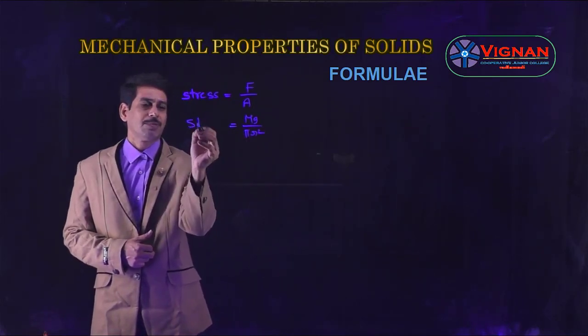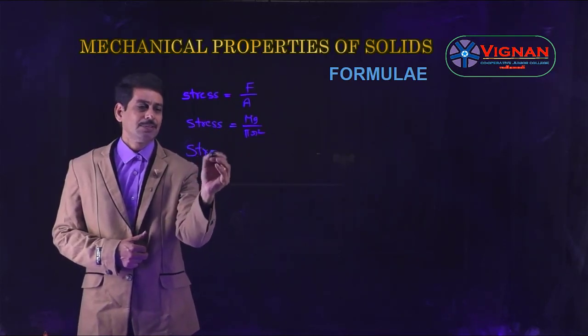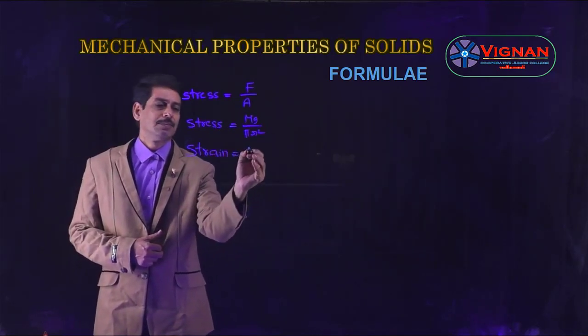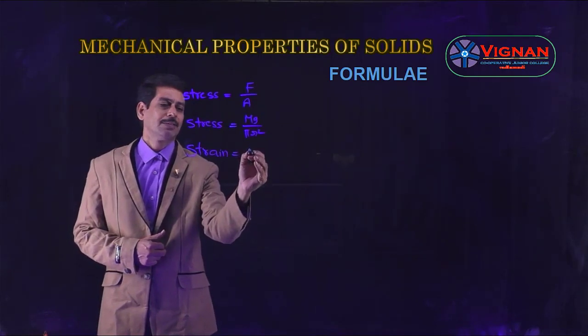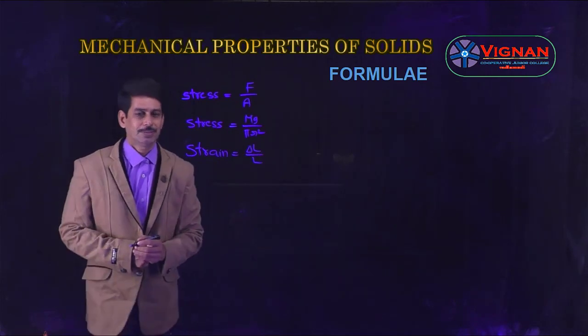So this is the formula for stress. And strain is nothing but change in length by original length, or delta L by L. So this is the expression for strain.